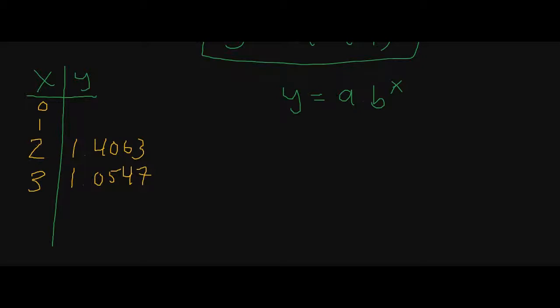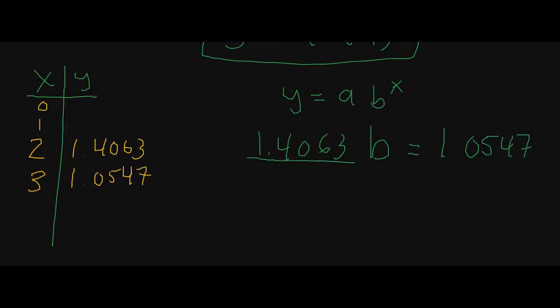So we know that if we can just figure out 1.4063 multiplied by what gives 1.0547, we can find out what this b value is. So I'll go ahead and set that up. 1.4063 multiplied by our b value, our constant multiplier, should equal 1.0547.